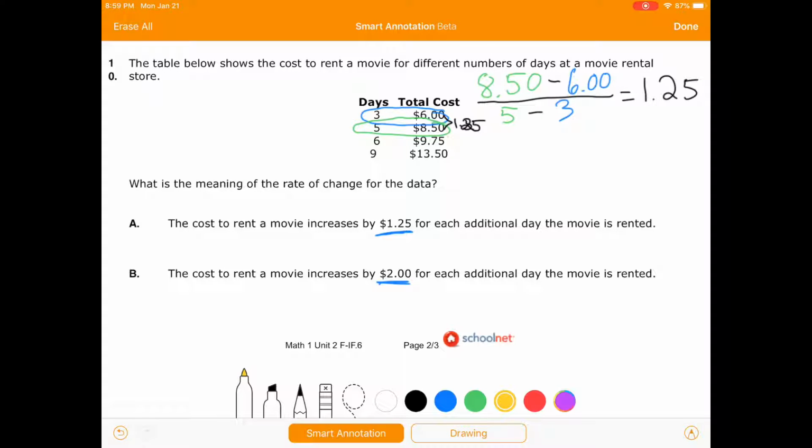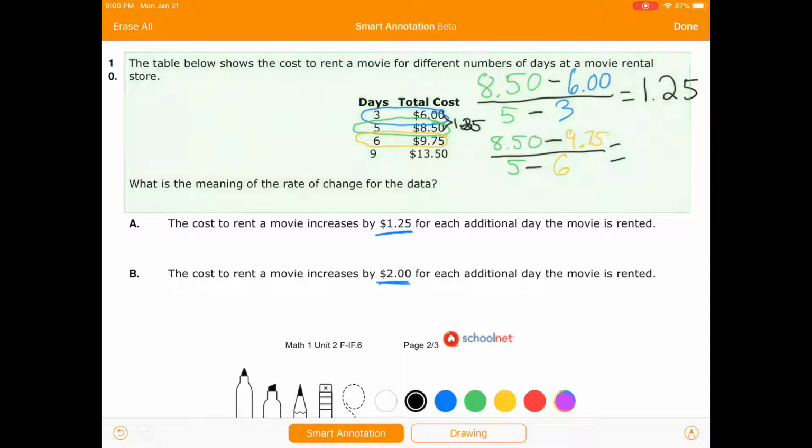So the 6 right here. I'm going to choose the green one first. So I'm going to do the 8.5 again. Subtract. Now the $9.75 divided by the 5, subtract the 6.